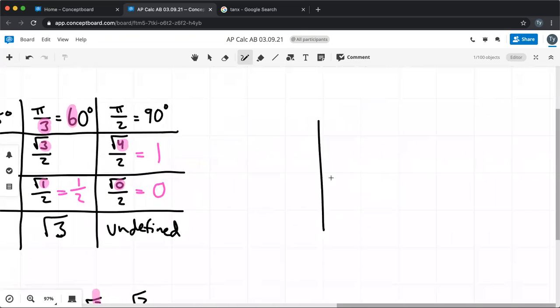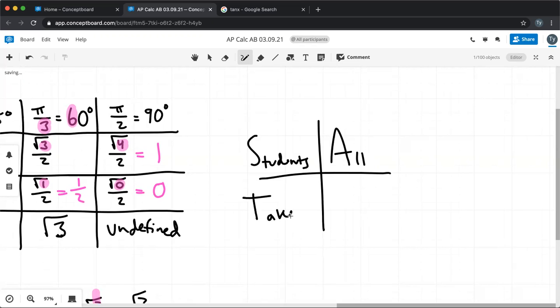And the mnemonic is you draw this and you think All Students Take Classes. All right.